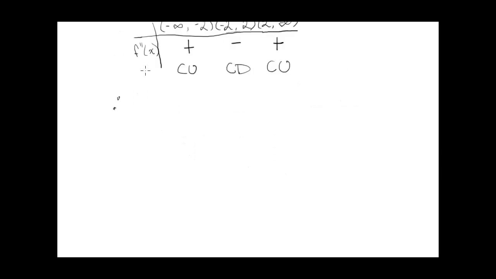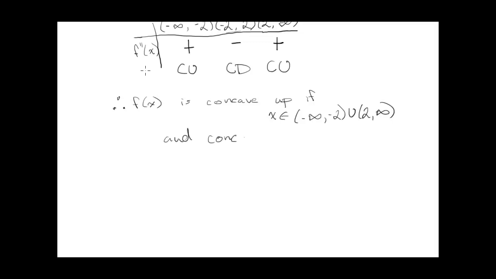Therefore, f of x is concave up if x is in the interval from minus infinity to minus 2, or 2 to infinity, and concave down if x is between minus 2 and 2.